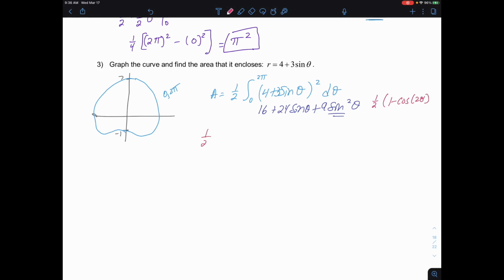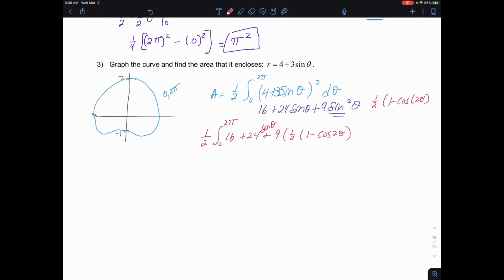So we're going to have 1/2 the integral from 0 to 2 pi of 16 plus 24 sine of theta plus 9 times 1/2 times 1 minus cosine of 2 theta. Oh, I forgot all of that with my 24, didn't I? So I need my sine of theta here. There we go. So if we split this up, it might be a little bit easier.